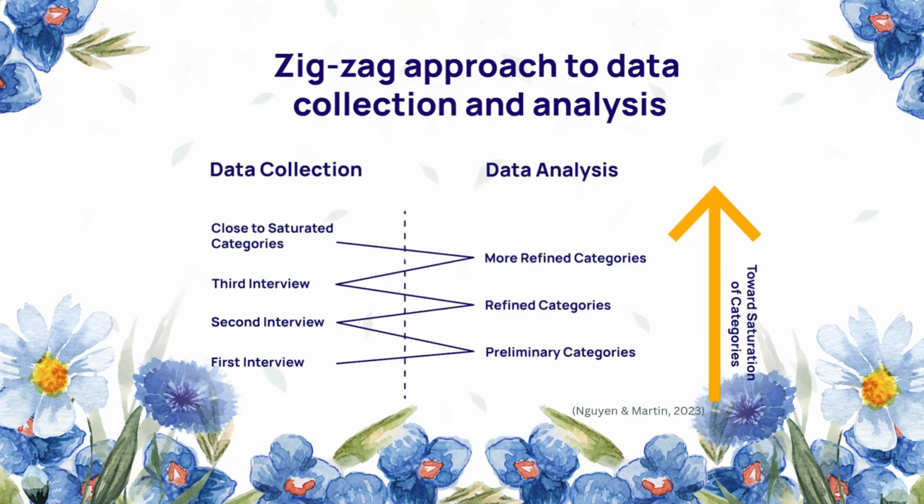This back and forth is called the zigzag approach to collection and analysis, where the researcher is continuously refining their concepts and categories on the subject until there are diminishing returns on theoretical saturation, or when new data comes in and doesn't lead to refinement of thinking or new ideas.